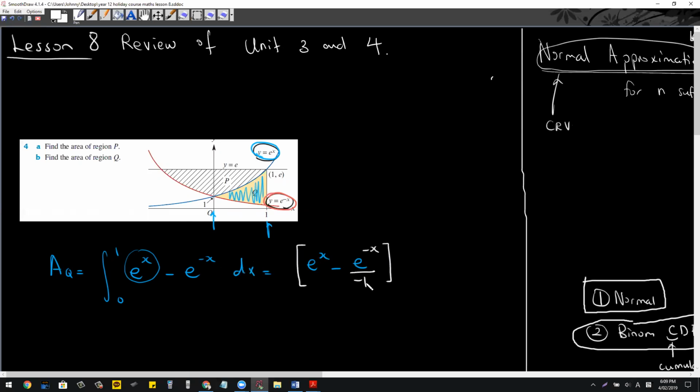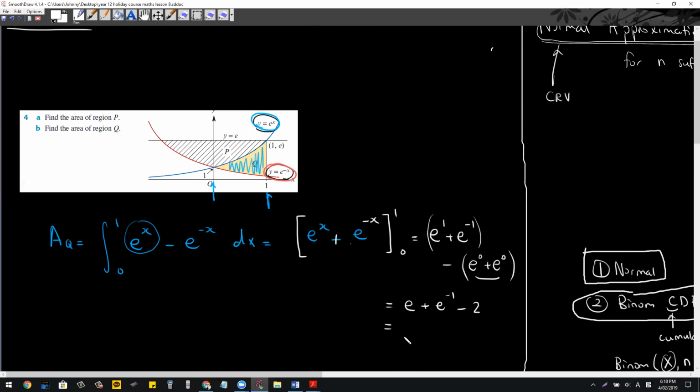So this cancels and that becomes just a plus, right? With limits 0 and 1, we get e to the power of 1 plus e to the power of negative 1, minus, plugging in 0, e to the power of 0 plus e to the power of 0. So that's equal to e plus e to the negative 1 minus 2, since that bit there is 2. This can be written as e plus 1 over e minus 2 as well. So that's the answer for Q.